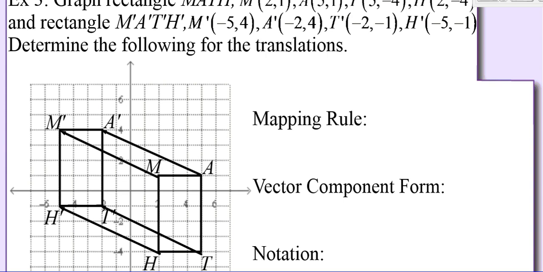All of those move the exact same way, so you just have to count how they all moved. It is going left and it's going up. Going left 2, 4, 5, 6, 7, and up 3.